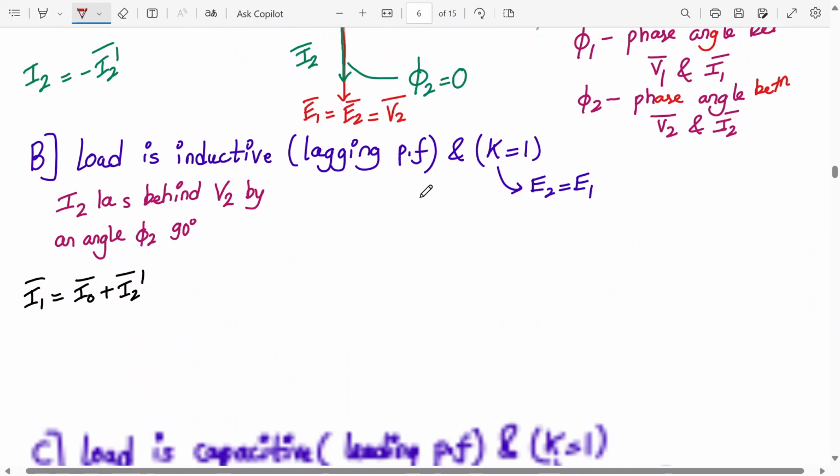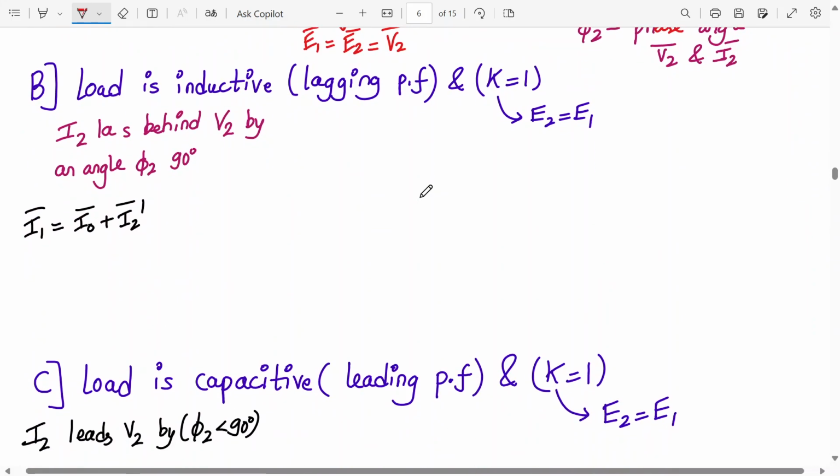Now can we go to the inductive load, lagging power factor, where E2 is equal to E1? Yes? Everyone? Okay. Remember, in an inductive load, the load is connected at the output, right? So if this is the transformer, this is I2, this is plus minus E2, here is my load.